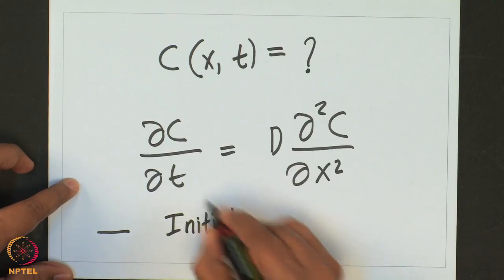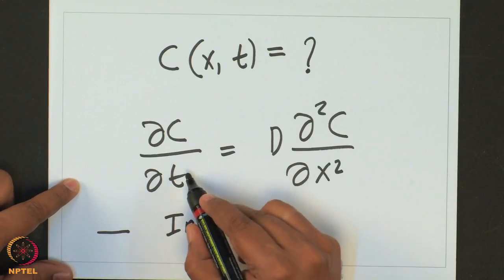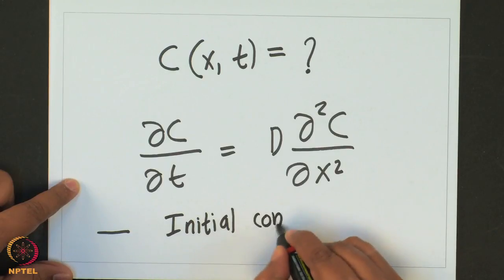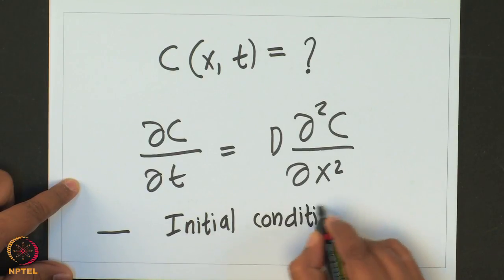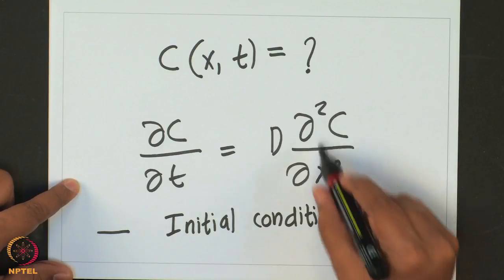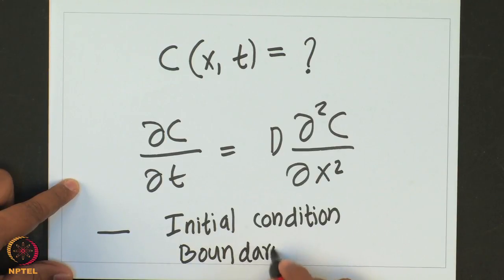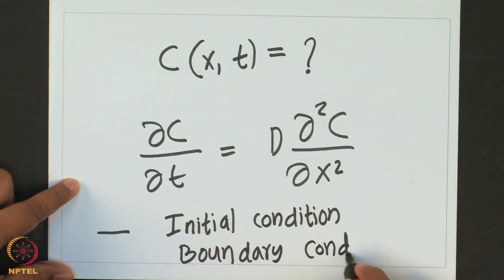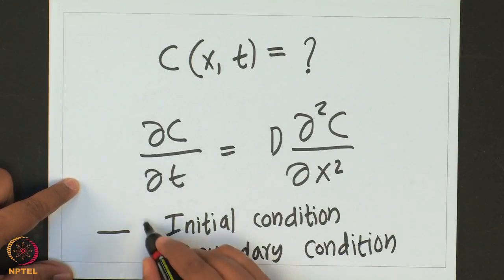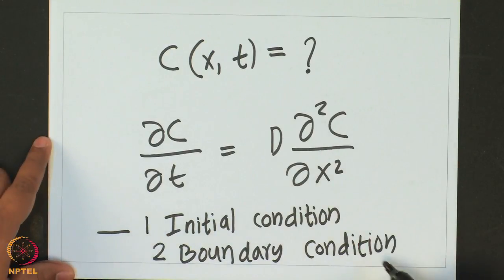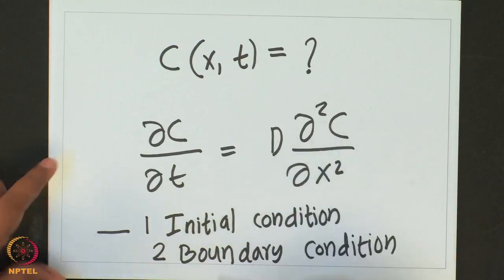Here there is a derivative in time, therefore we need an initial condition. And there are two derivatives in x, therefore we would need two conditions for that, which we would typically call boundary conditions. So we need one initial condition and two boundary conditions.